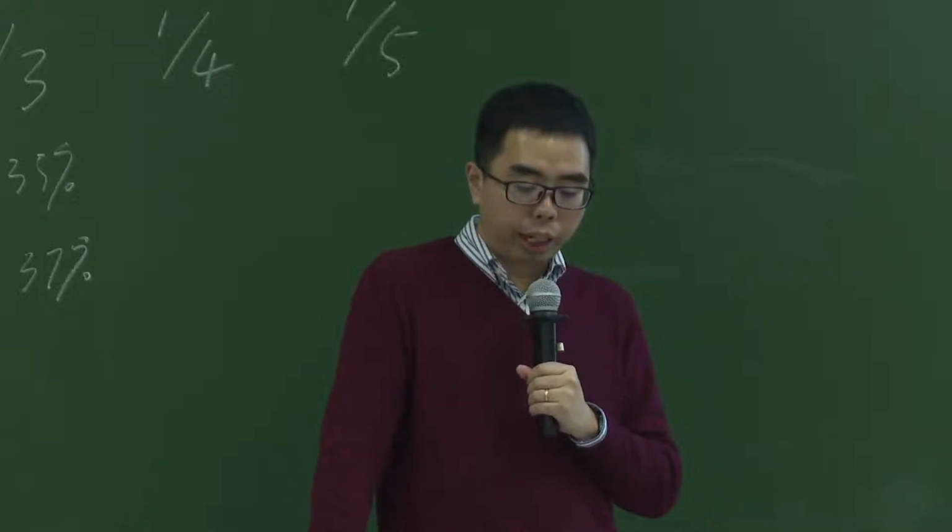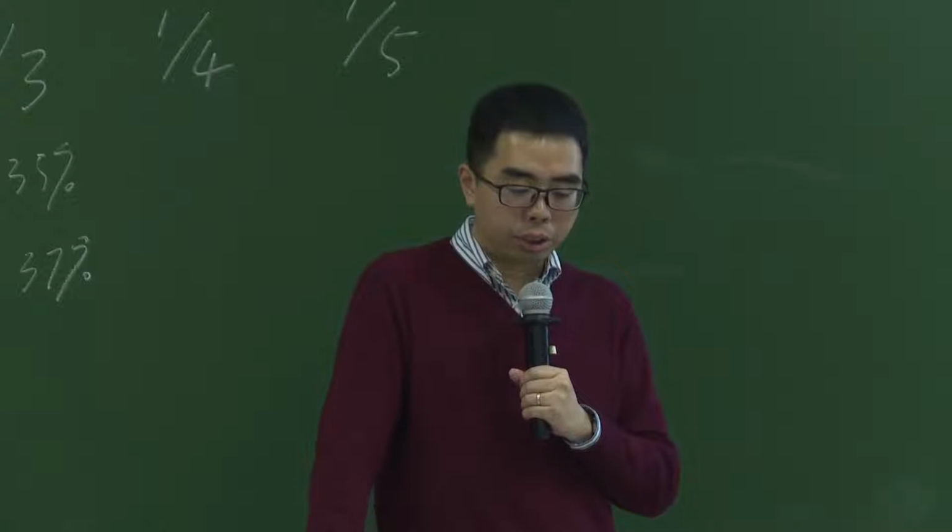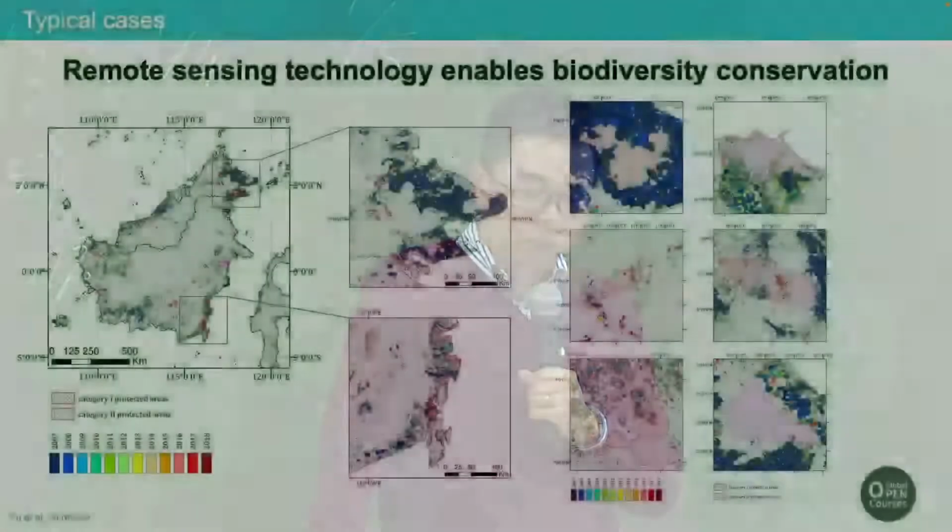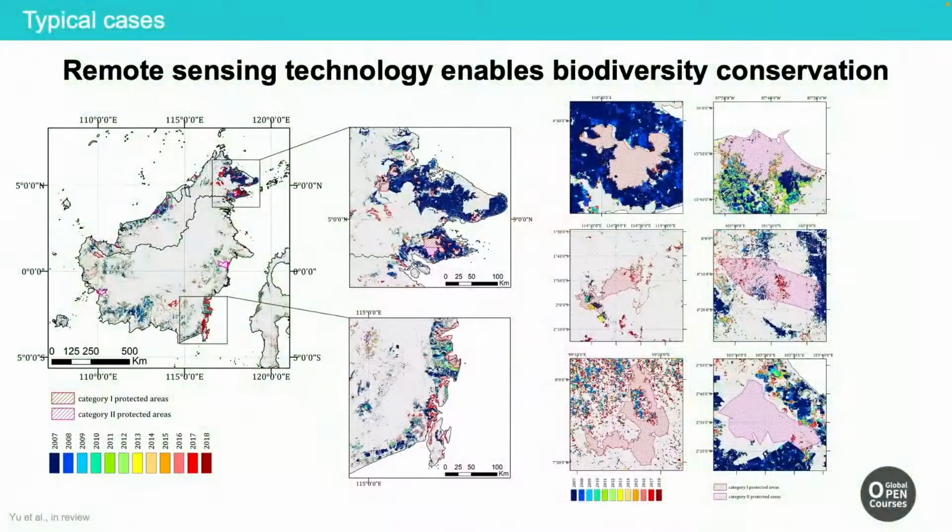When we have the annual changes of the oil palm plantations, we can overlap them with the protected areas. Then we will be able to identify in which places the protected area is already overlapped with oil palms, or which places are quite close to the oil palms. So that kind of information can provide us with better management for the protected areas.